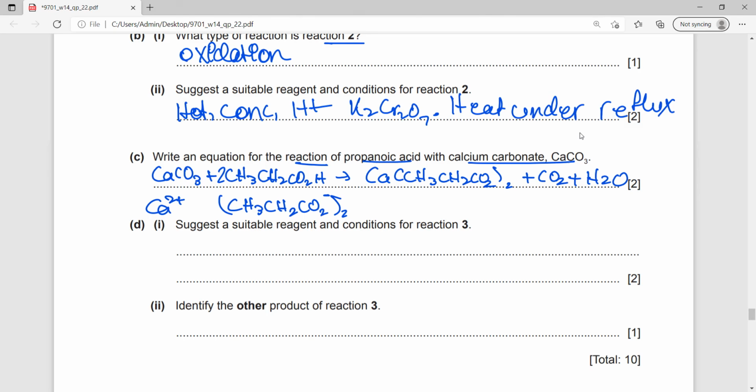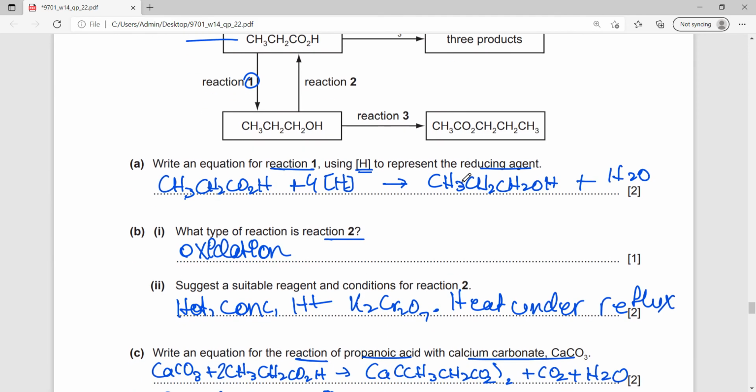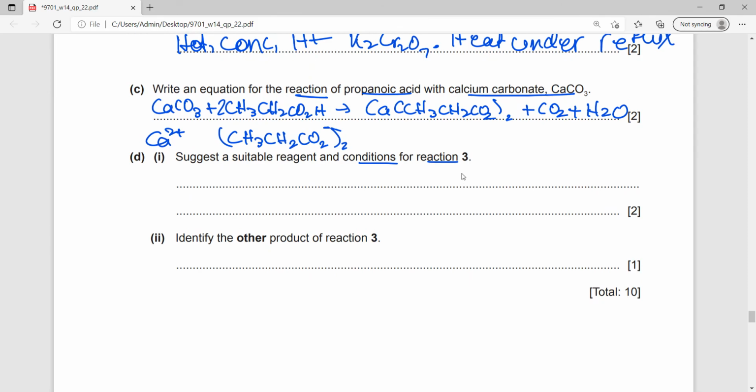Now, state suitable reagent and conditions for reaction 3. Let's take a look at what reaction 3 is. It's the conversion of propan-1-ol to propyl ethanoate, so it's an esterification reaction.